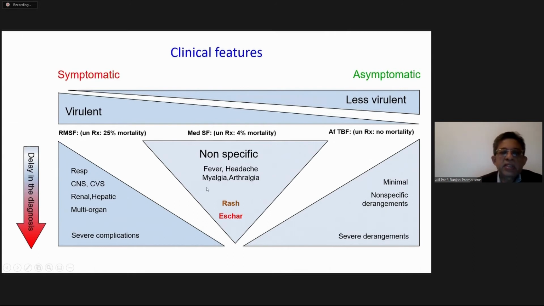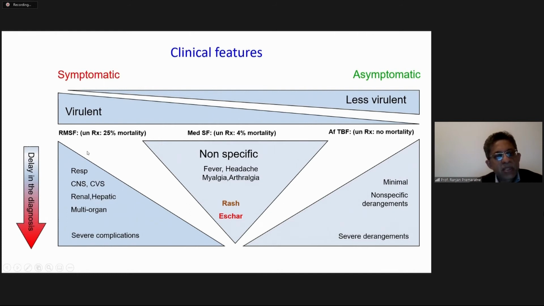So all these infections have non-specific symptomatology like fever, headache, myalgia, and arthralgia, and they may pass as any other febrile illness without causing severe morbidity or mortality, and without any treatment they can improve. The way that you could diagnose is either the presence of the rash or the pathognomonic eschar, but again, these will have their own differential diagnosis as well.